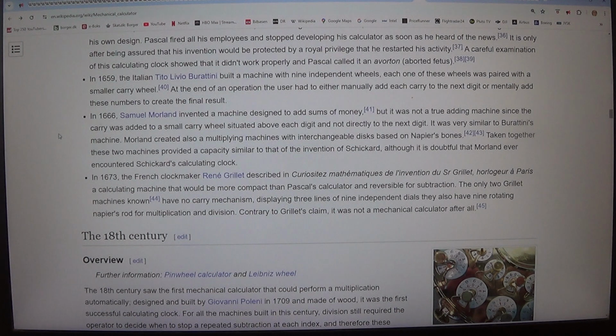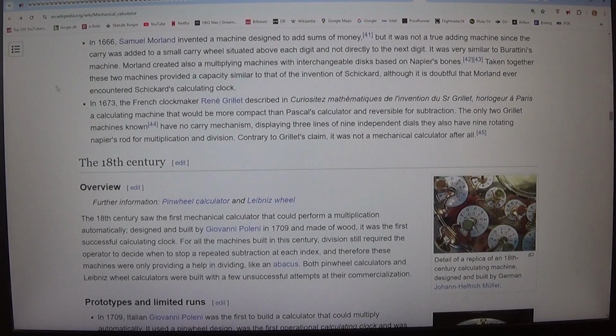In 1666, Samuel Morland invented a machine designed to add sums of money, but it was not a true adding machine since the carry was added to a small carry wheel situated above each digit and not directly to the next digit. It was very similar to Burattini's machine.